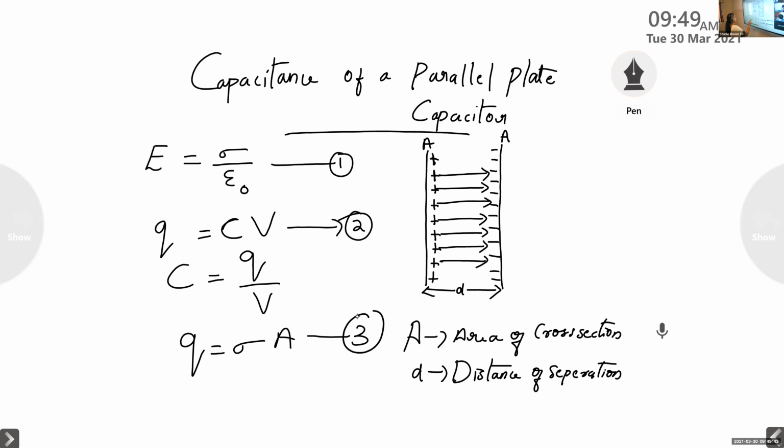Q is equal to sigma A. This is our equation. One minute, once again I will rearrange the equation.